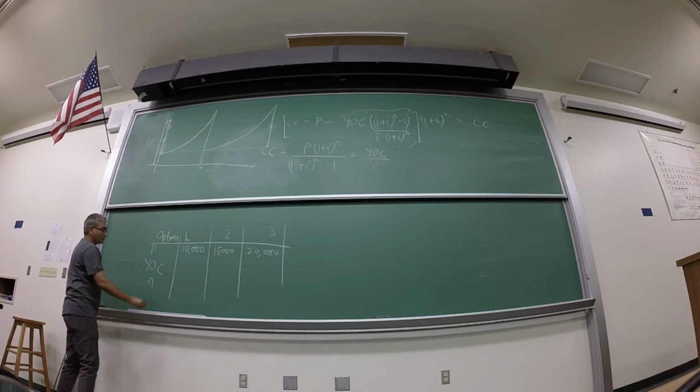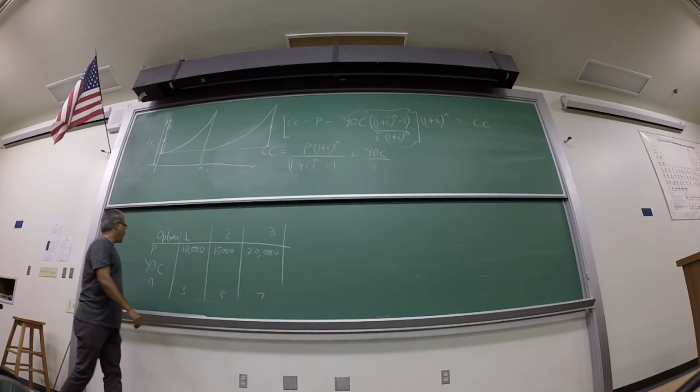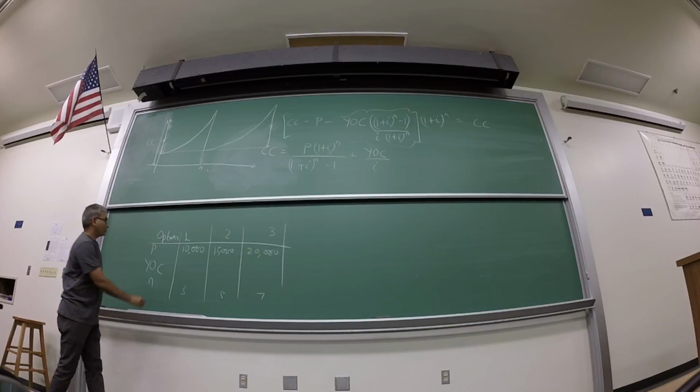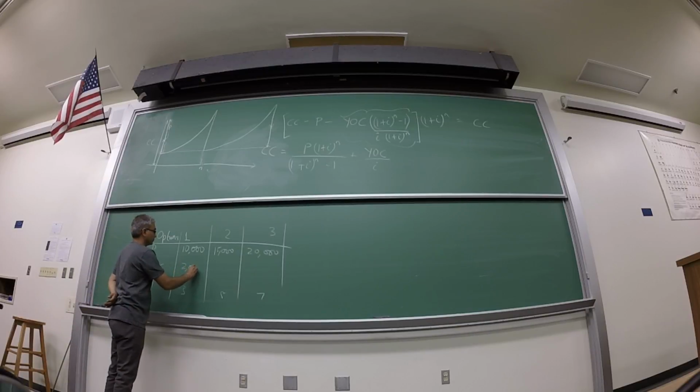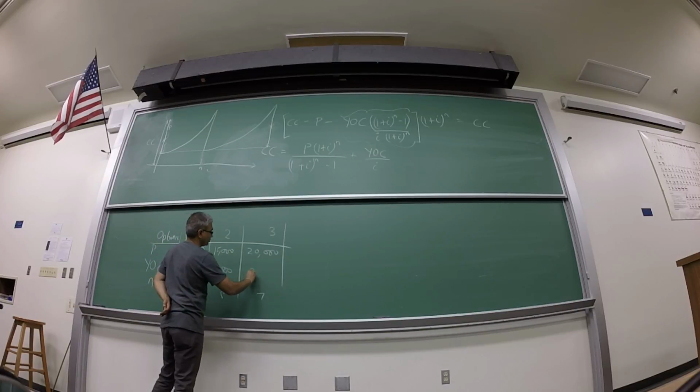The number of years: this will run for 3, this for 5, this for 7. And let's say the yearly cost of operation is 2,000, 2,500, and 2,500.